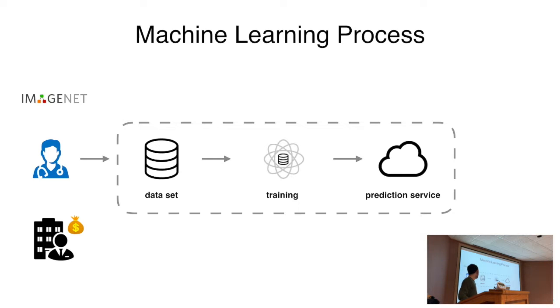The data can come from a lot of different places. It could be a public data set that you found online, like ImageNet. It could be provided by a single person, like a doctor, or it can be provided by a corporation who wants to sell that data to you so that you can use it for your machine learning model. But the problem here is that getting access isn't always easy in these cases.